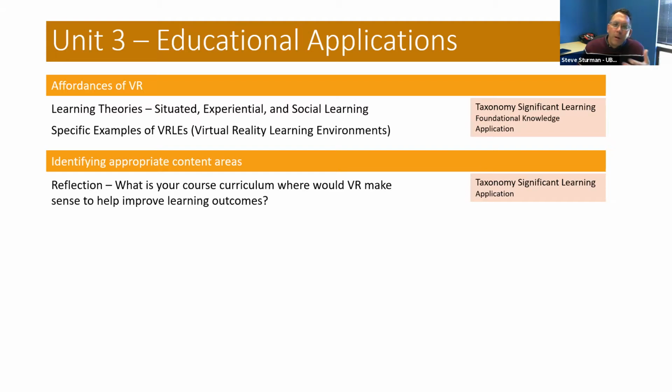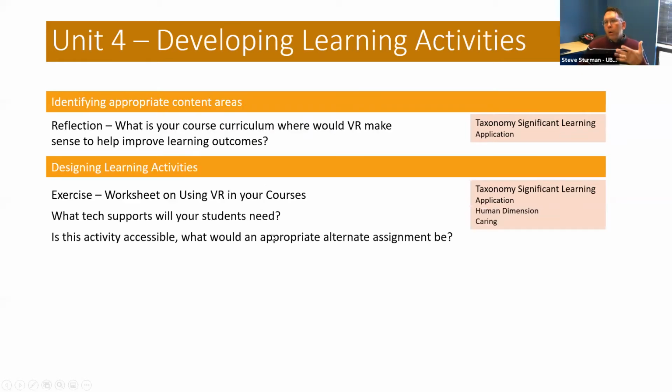And we also have them start thinking about their specific classes and where VR might fit based upon the types of activities that are supported in VR, the types of uses they've seen in Unit 1 and some of the other materials, and then start thinking about how they might develop their own learning activities. And that's when we come to Unit 4, where they actually sit down and start planning out that learning activity.